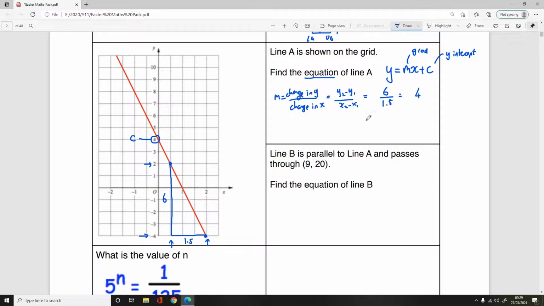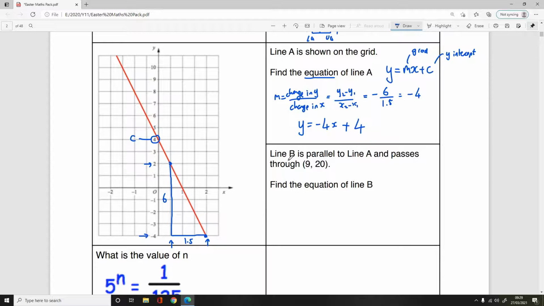However, you have to be careful here, the line is going downwards. So our gradient is actually negative, so we'd have minus 4. Put that all together, you get the equation of your line is y equals minus 4x, remember that's our gradient m, plus 4, our y-intercept c.